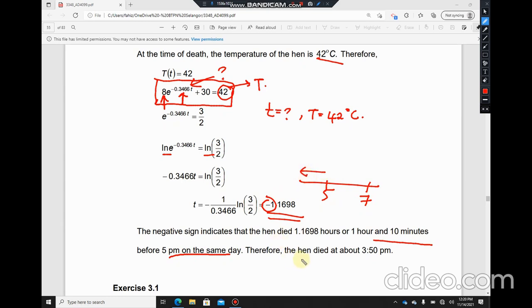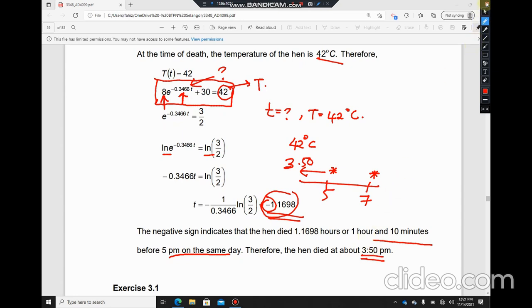Sebab yang ni pukul 5 tu yang dia mula-mula jumpa kan, and then pukul 7 tu dia check suhu. Bila awak dapat nilai jam yang negatif, maksudnya dia mati sebelum pukul 5. So you minus 5 minus negative 1.1698. So the hen died at about 3:50 PM.